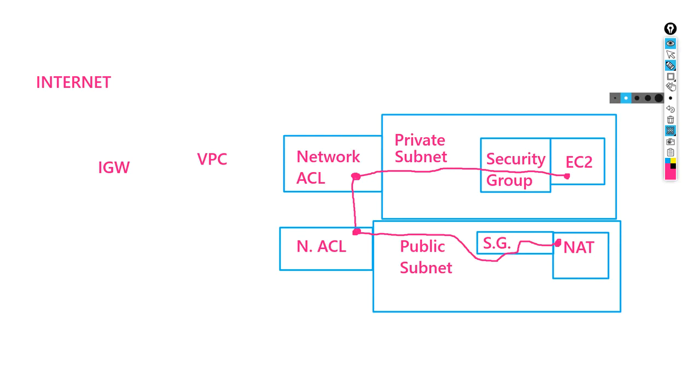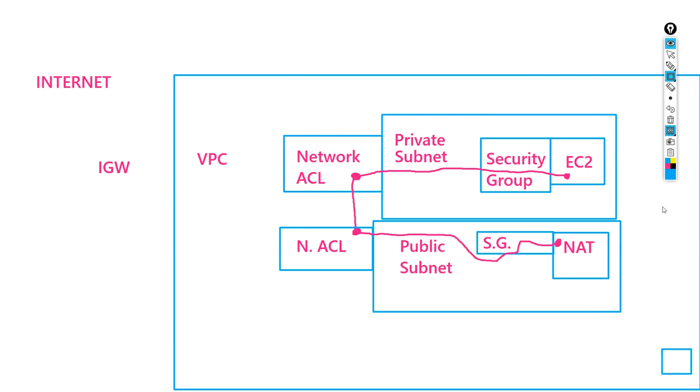And now my NAT gateway needs to get that out to the internet. So everything we've just constructed is within a VPC. All of it. And attached to that VPC is my internet gateway.